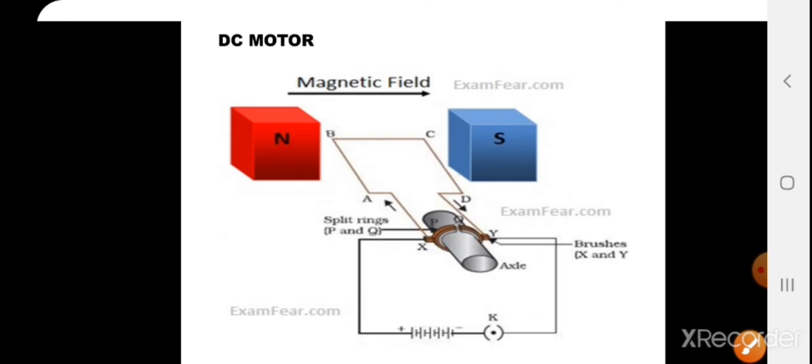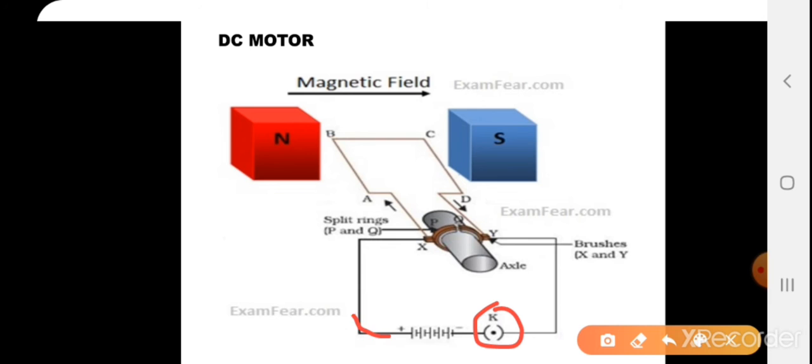Now, when we switch on the key, when the key is closed, current flows through the wire and the rectangular coil. You can see here, this is the direction of current flow.